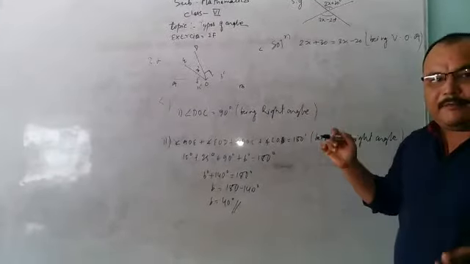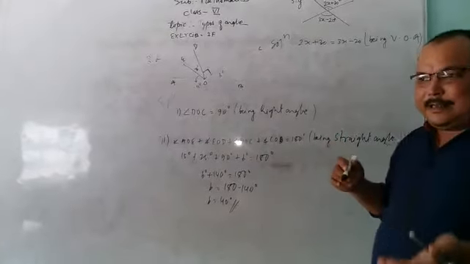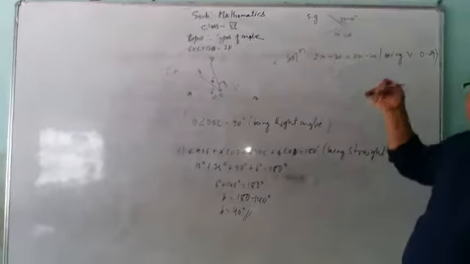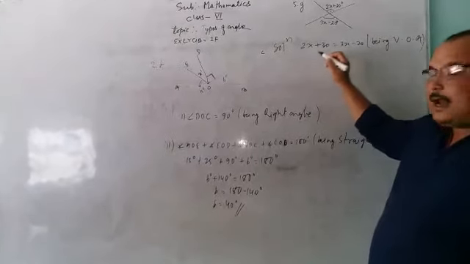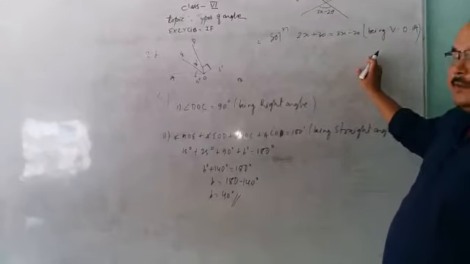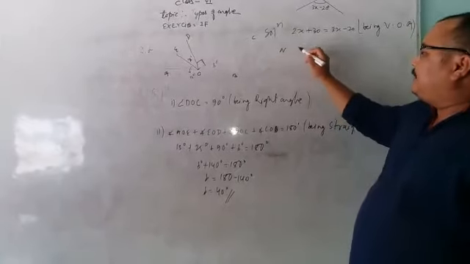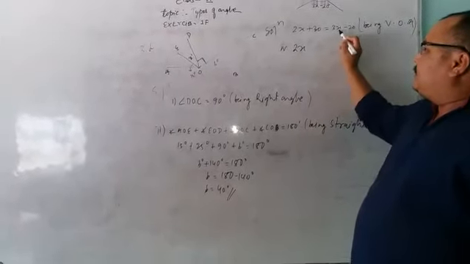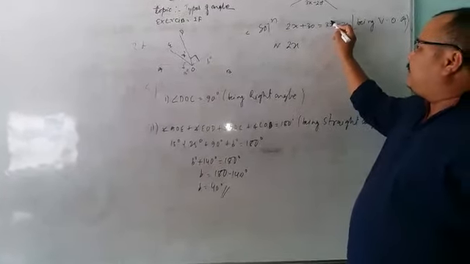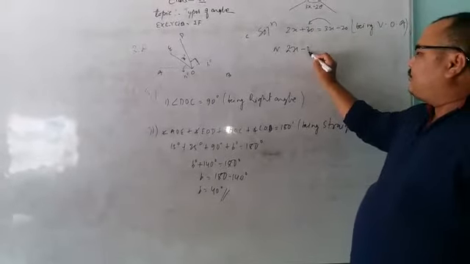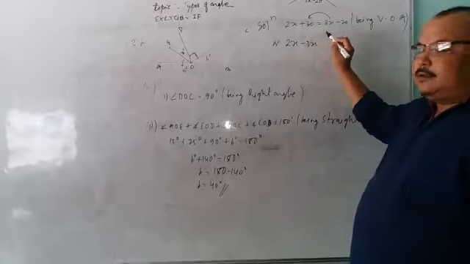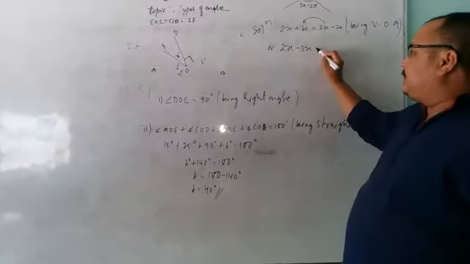The variables are transferred to the left hand side, and the constants are transferred to the right hand side. That 2x, this variable, is on the left hand side, minus 3x. Here it is plus 3x, so it becomes minus 3x when transferred.